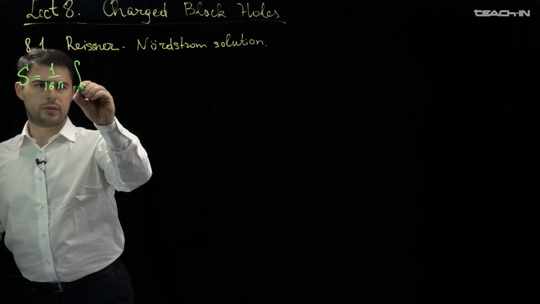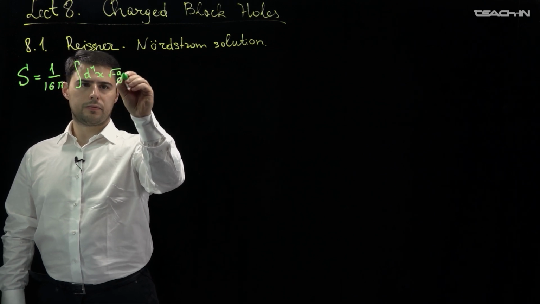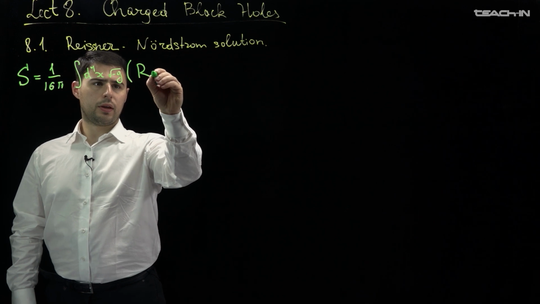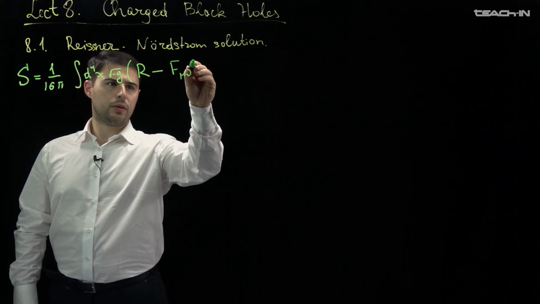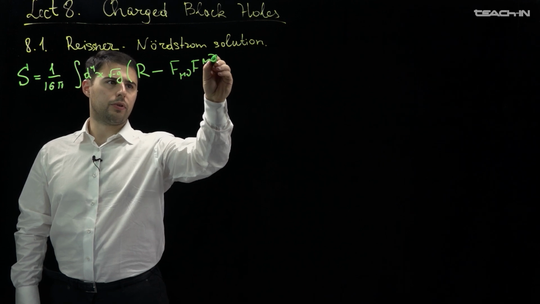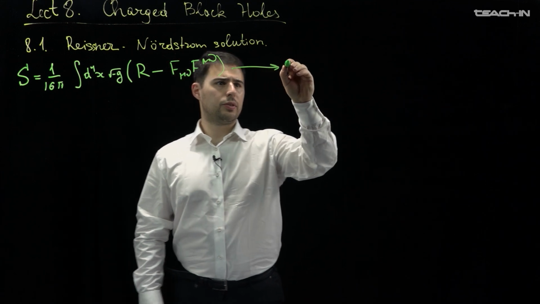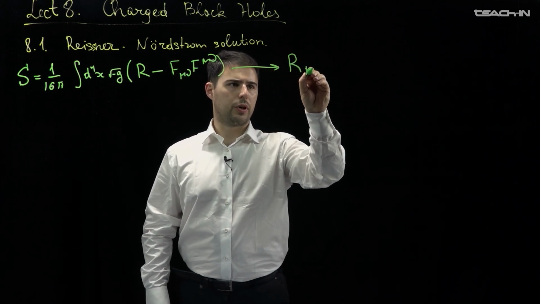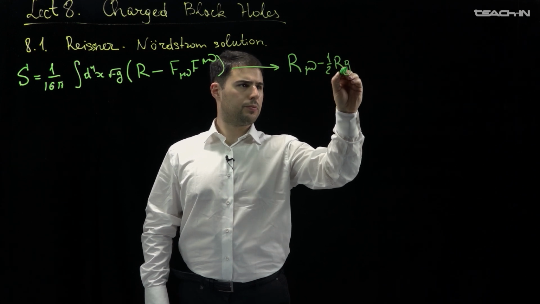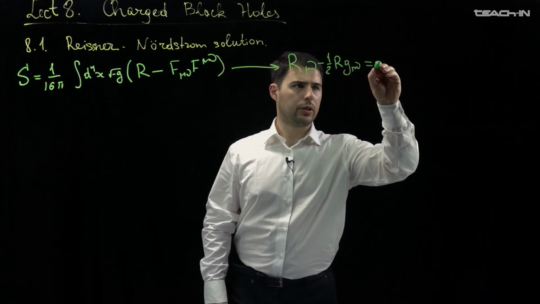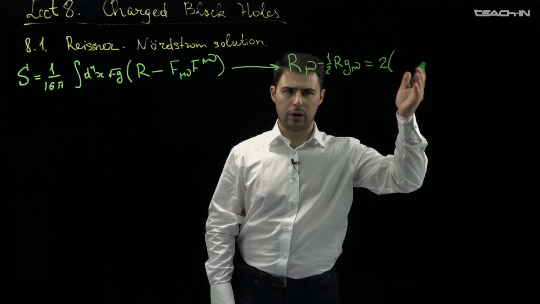The action is given by the Ricci scalar minus the square of the gauge field strength. This gives us the equations of motion in the form of the Einstein equation, where on the right-hand side we have the stress energy tensor for the gauge field.